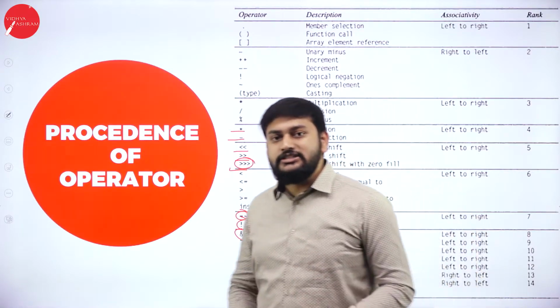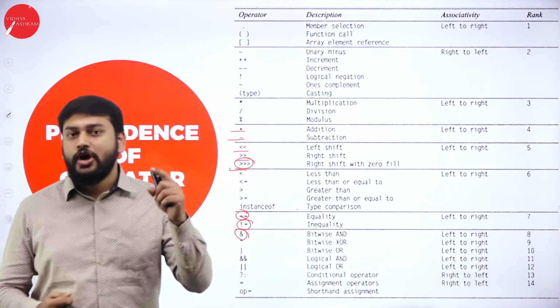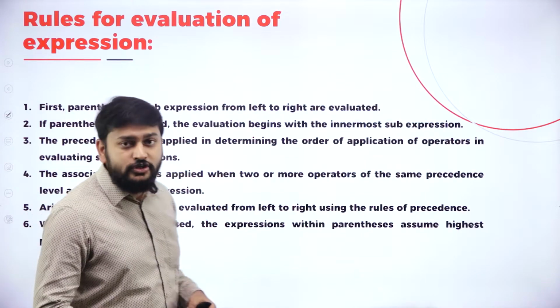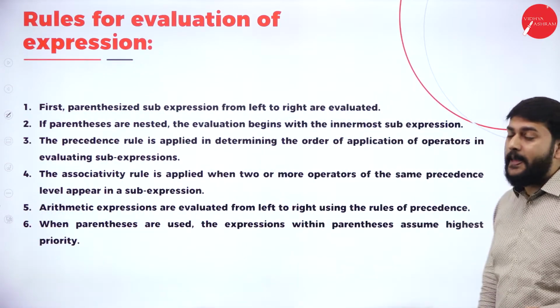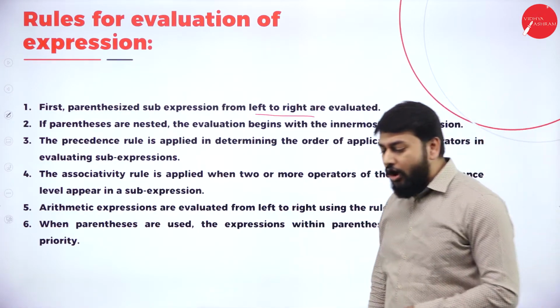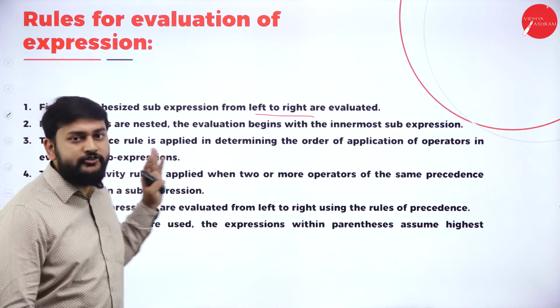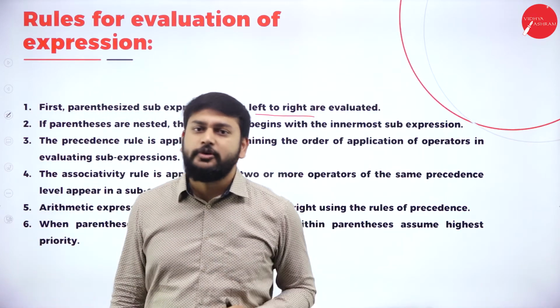Along with this, I have some set of rules which I need to follow to solve an expression. So let's check what the rules are. The first rule says: first, parenthesized sub-expressions from left to right are evaluated. Always when it comes to evaluation, you evaluate from the left side to the right side. That is the first point you need to remember.